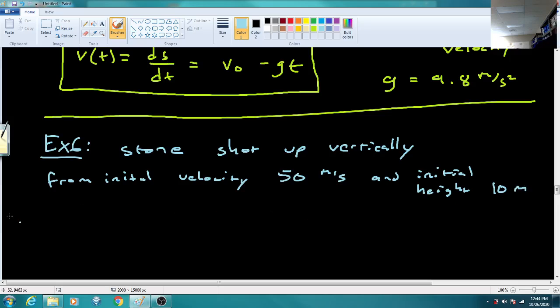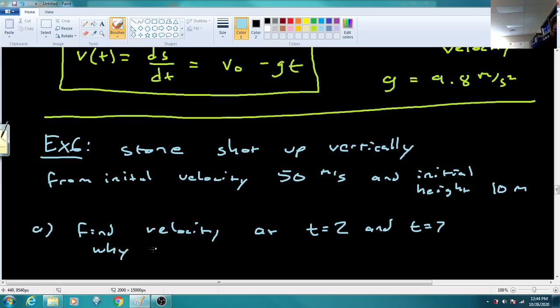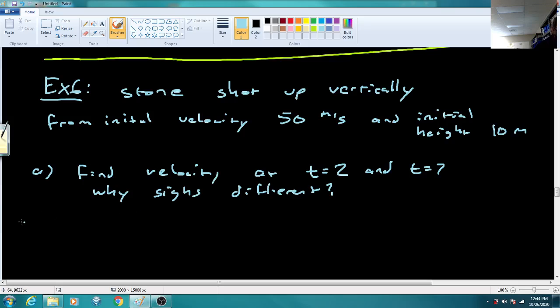Part A wants us to find velocity at t equals 2 and 7, and it wants us to say why the signs are different on those two. Part B wants us to say what's the maximum height, and when does it reach that max height?